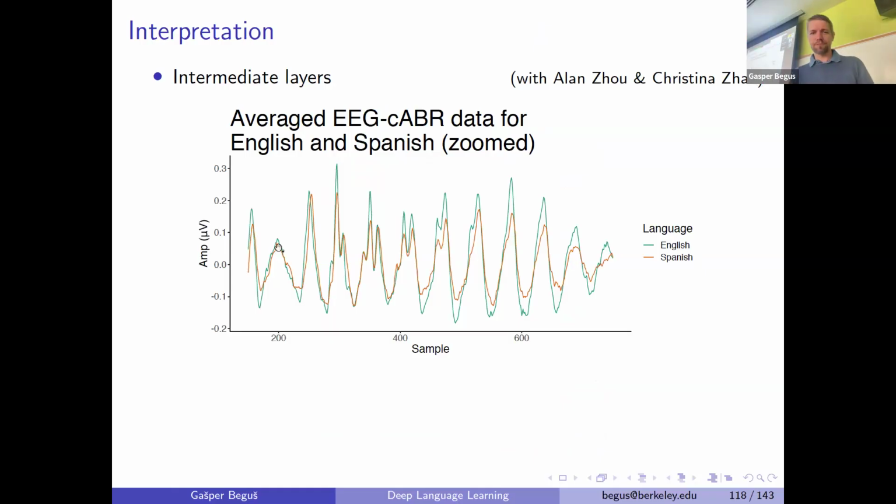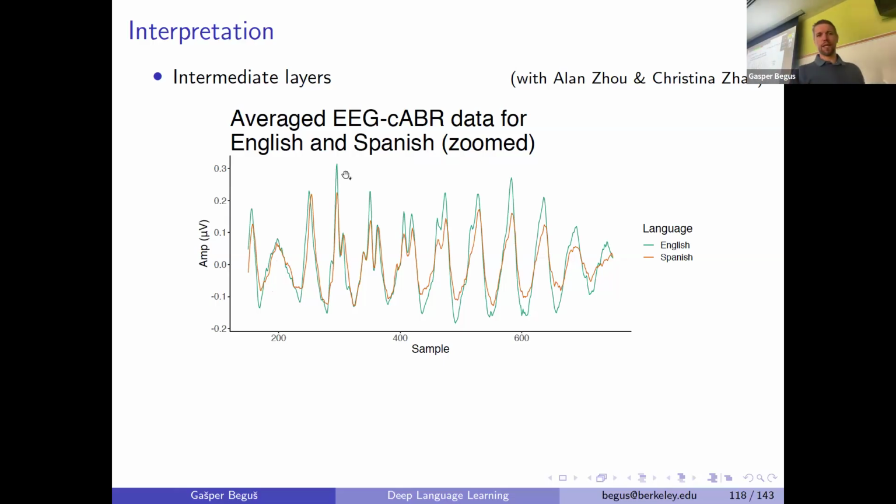So here are English and Spanish speakers, and they listen to a ba sound. The first peak you'll see here is the response to the burst. This is peak 1, and then there's peak 2, which is during the VOT, and then peak 3 represents the first vocalic pulse.